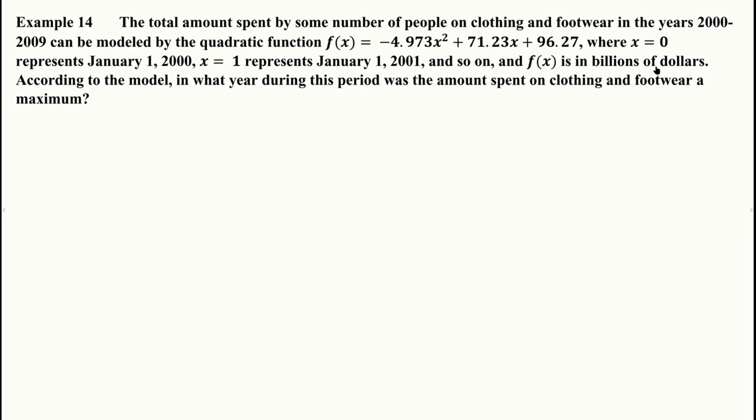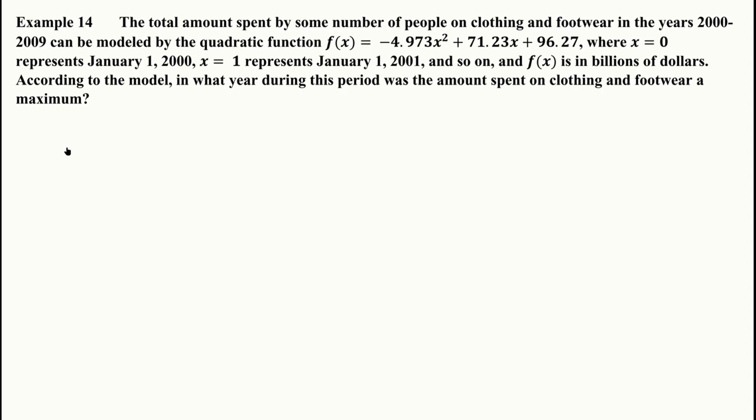And f of x is in billions of dollars. According to the model, in what year during this period was the amount spent on clothing and footwear a maximum? Now, you should be able to answer this. You should definitely pause and try to answer this on your own, because we've done a similar problem already. So please do so.